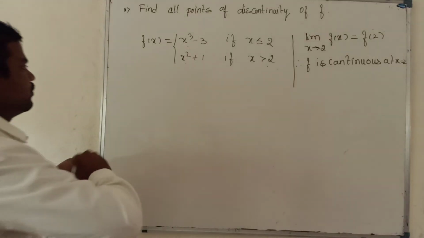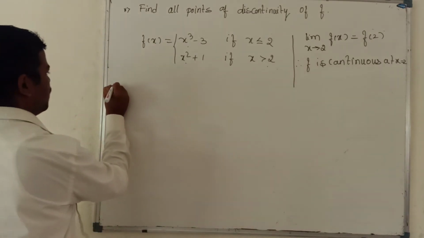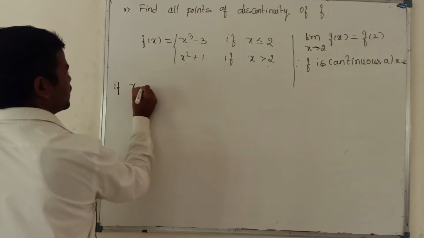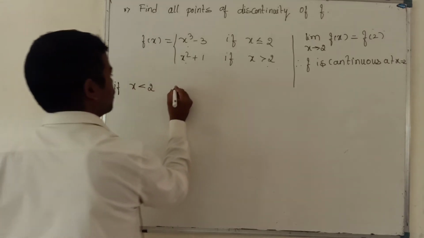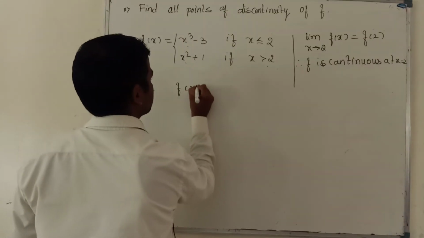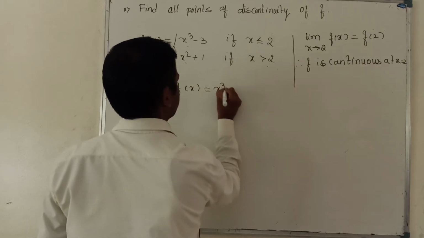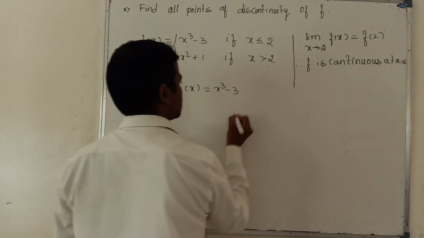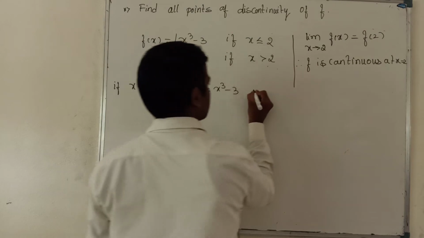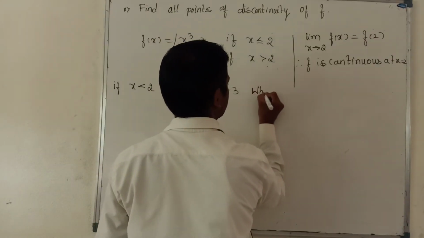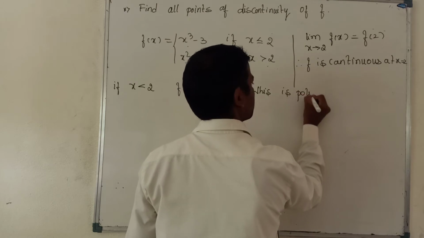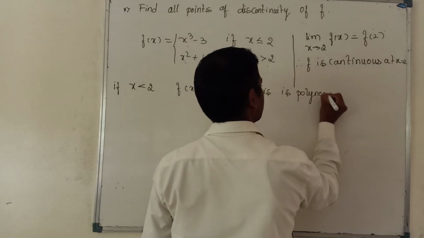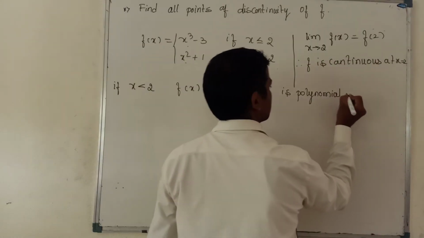So if x less than 2, f of x is x cube minus 3, which is a polynomial function.